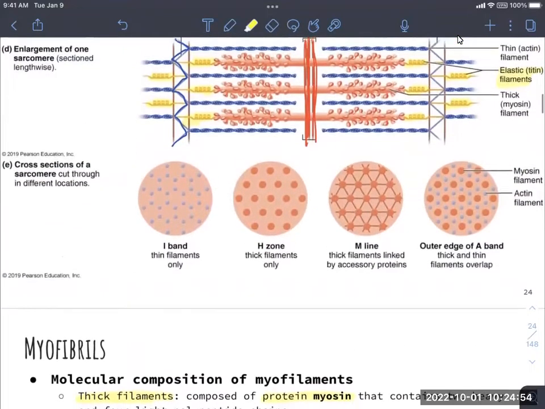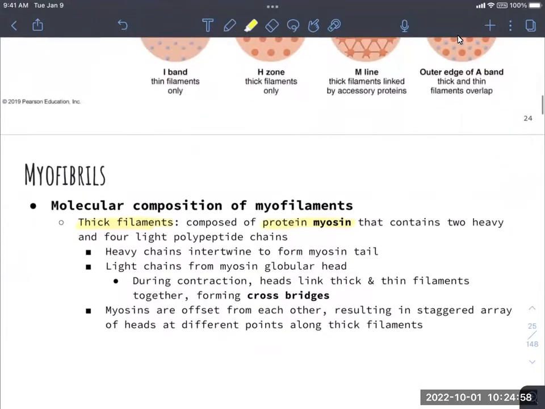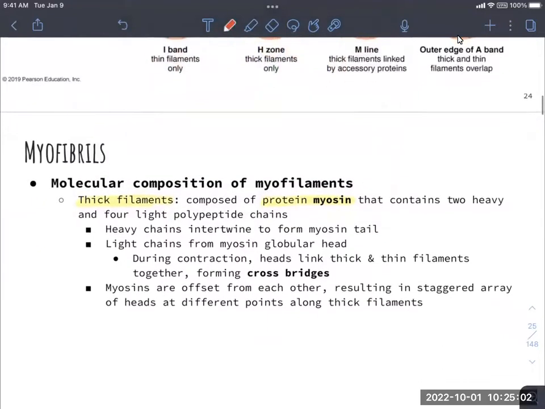As you can kind of see in this picture, you don't see it as well, but they will kind of intertwine. So there's 1, here's 2. Then you get another one, kind of going through that, and another one. So that gives you the 4 light polypeptide, 2 heavy chains.